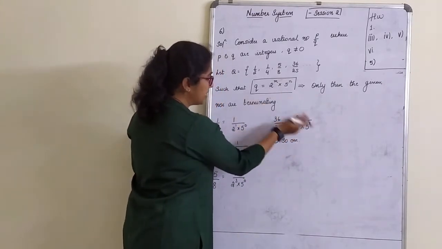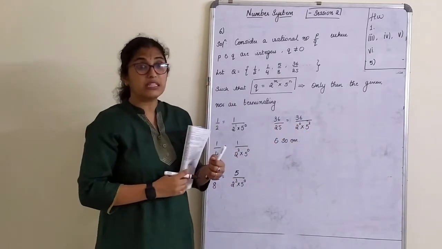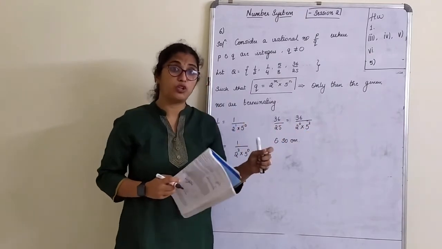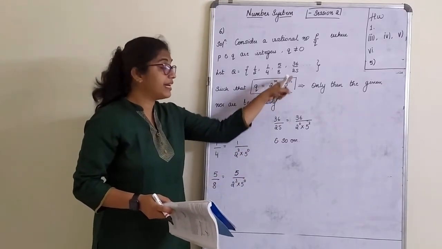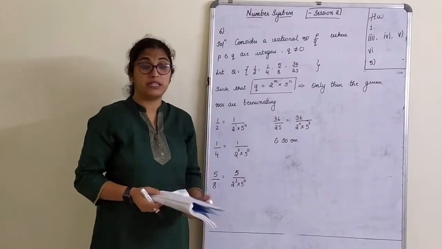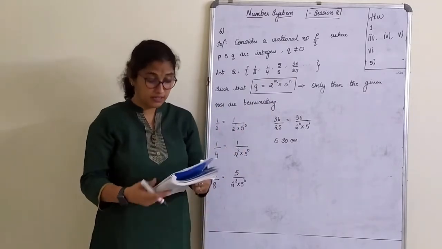See, it is not that we have to write 5 first or 2 later. So this is the special property of q. If it is in the form of 2 raised to m and 5 raised to n, then the given number is terminating. In 10th, we will also study after how many decimals it is terminating.